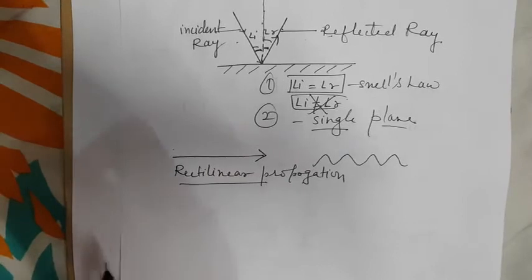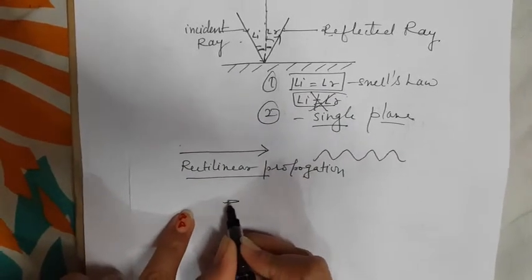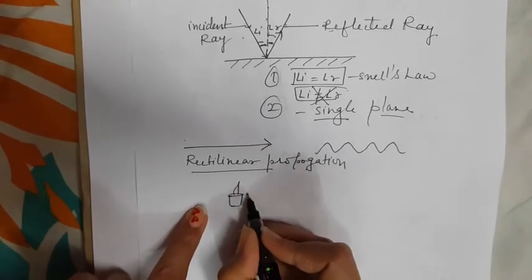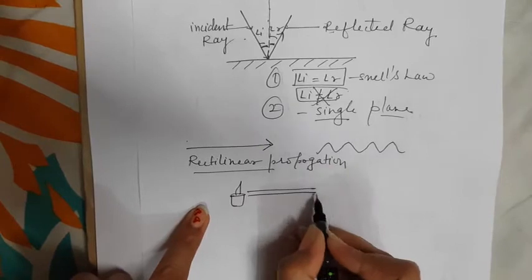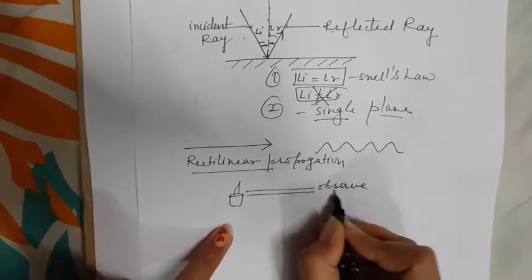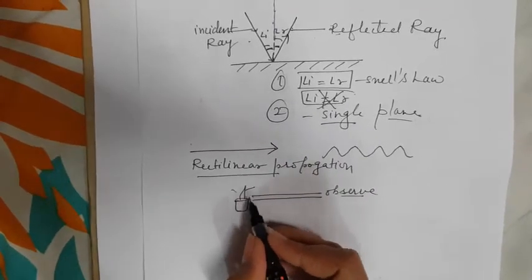You can prove this with a small activity. Just put a candle over here and take a tube. Observe it from here. You will easily be able to see the rays of light.